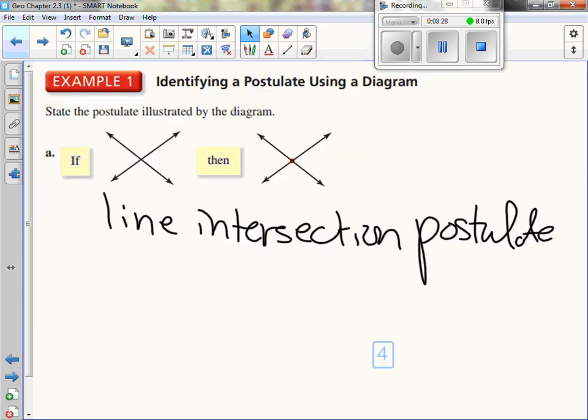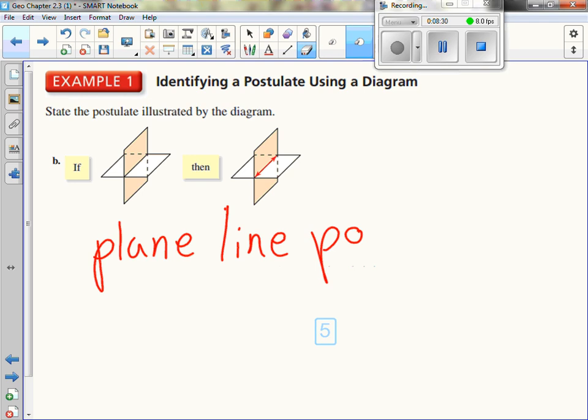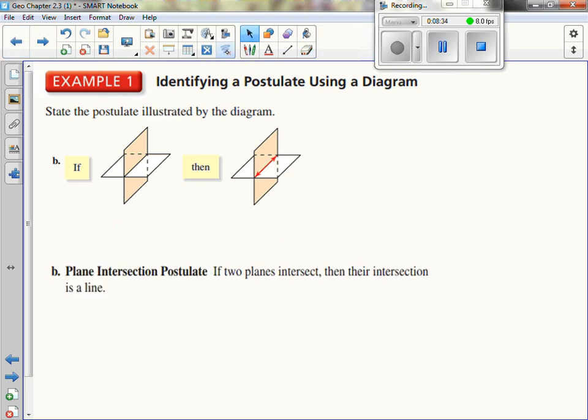They intersect at a line, so it's the plane intersection postulate. If 2 planes intersect, then their intersection is a line. We can just say plane intersection postulate. The second half of that is just explaining it. So it's the plane intersection postulate, because if 2 planes intersect, they intersect at a line.